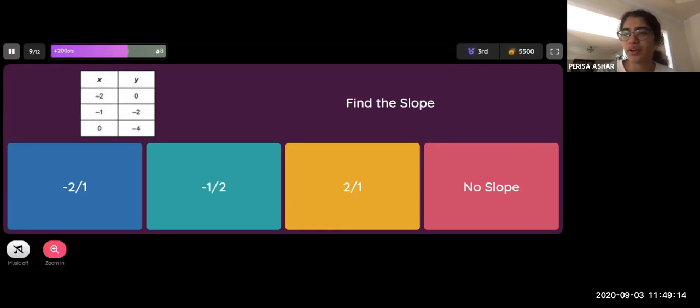I don't know about Camden, but in terms of the answers, Prisha got it correct right when she said the first option. The answer is -2/1, right? Because if you choose points (-2, 0) and (-1, -2) and calculate -2 minus 0 over -1 minus -2, or -1 plus 2, you get -2/1.